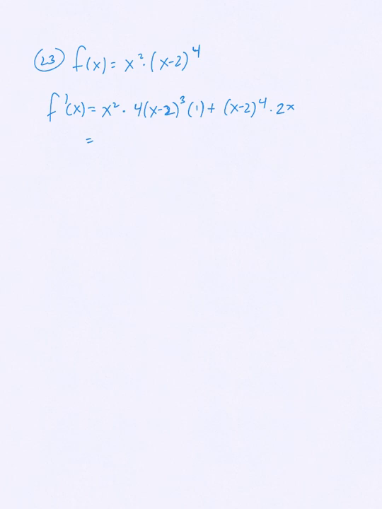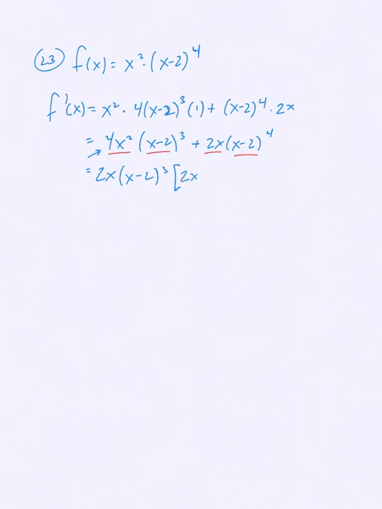I'm going to rewrite this a little neater because then I can see what I can factor out. It looks like both of these have a 2x, so that comes out. And they also both have an x minus 2 cubed. So what is left inside? From the 4x squared, we're going to have a 2x.